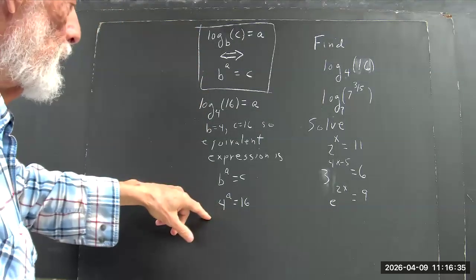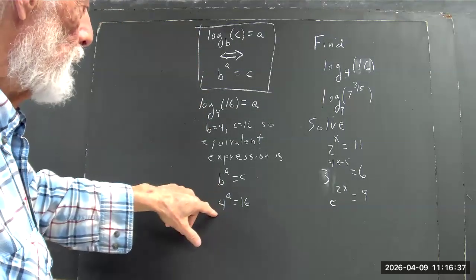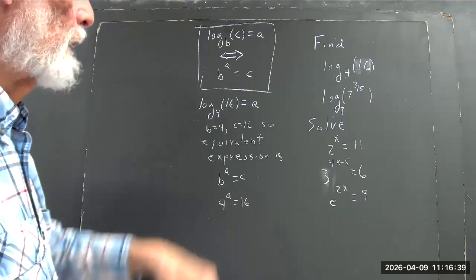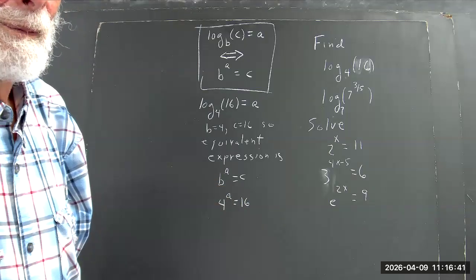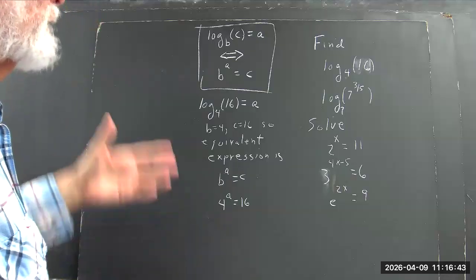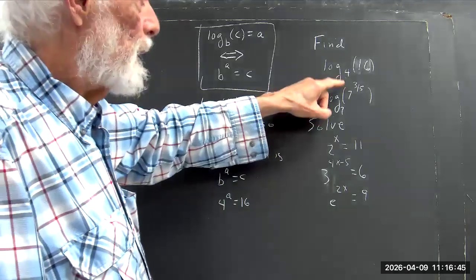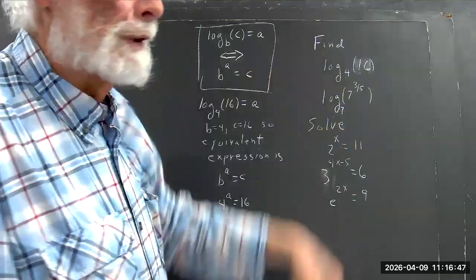You can formally start from this and come down to the question, okay, you got to find what power of 4 equals 16. Or you can just get used to it and say, this means 4 to what power equals 16?